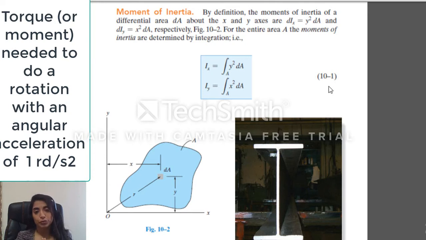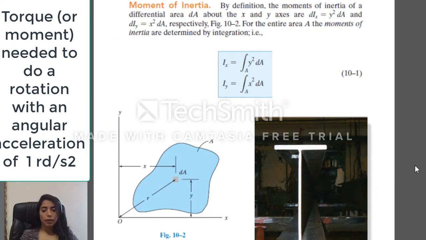So that's why, guys, what you should do is always make an analogy between the rotational motion and the translational motion to understand the physical parameters. In other words, the moment of inertia is the resistance to a torque or a moment. So this is a resistance like the mass.